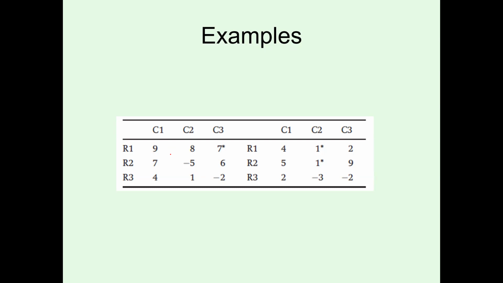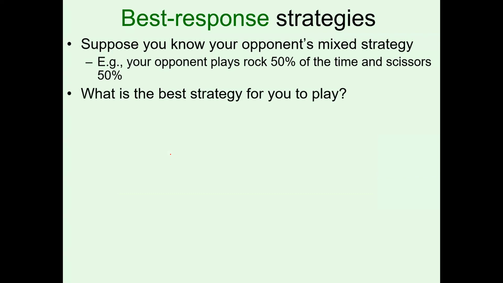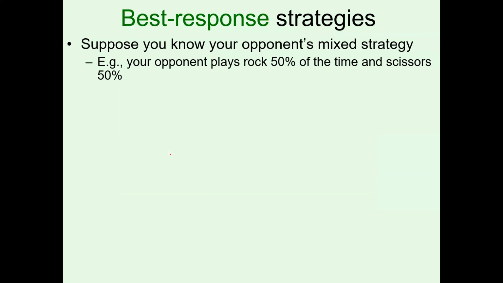So better, instead of adopting a pure strategy R1, R2, R3 or C1, C2, C3 for column player C, why not adopt what we call a mixed strategy. When we say mixed, you do not use just one strategy. You can mix. So, let us say, R1 50% of the time, R2 50% of the time.